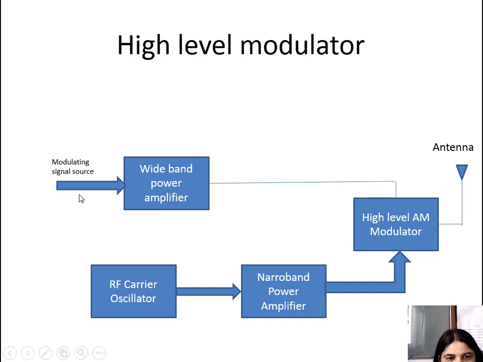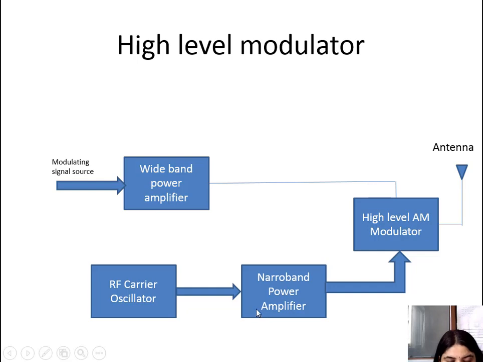This is the modulating signal. The wideband power amplifier will amplify the modulating signal, giving the high power modulating signal. Here is the RF carrier oscillator, and again a power amplifier will amplify the RF carrier signal.